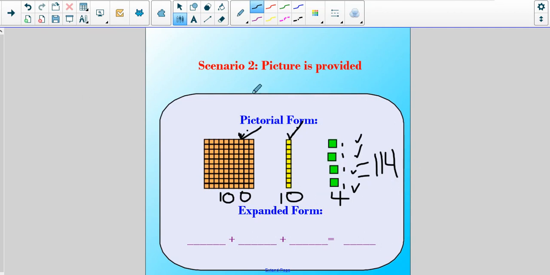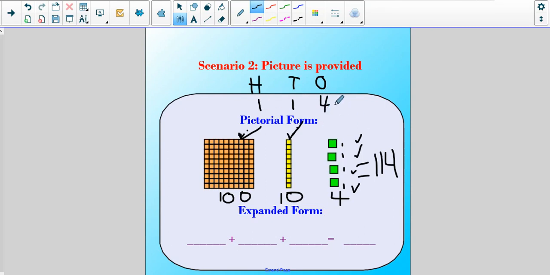Another strategy to help you check your answer is to make your place value chart. One flat is the same as 100. One rod is the same as 10. And 4 cubes means the same as 4 ones.